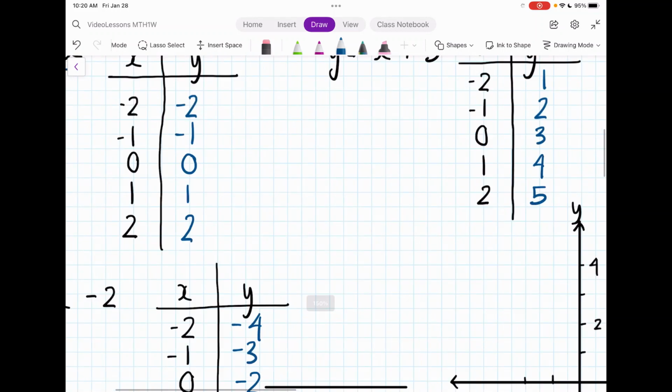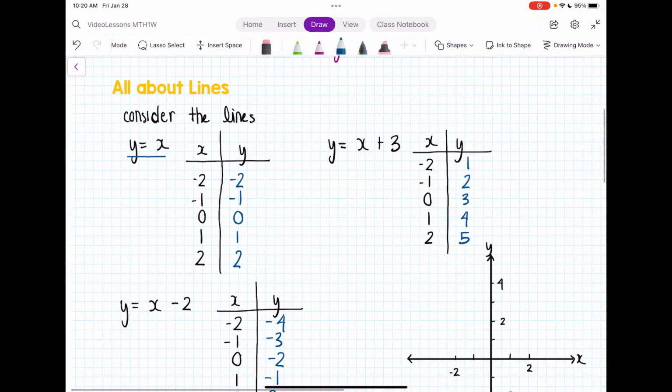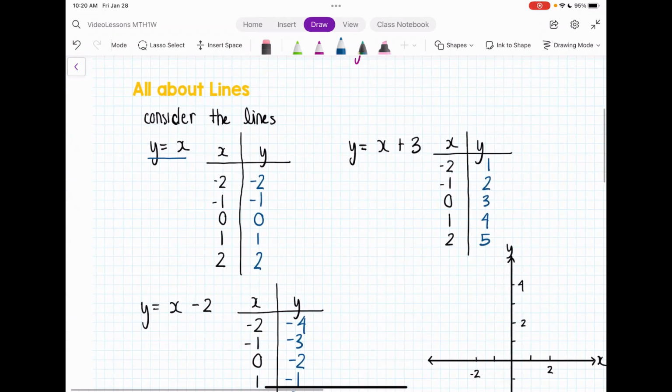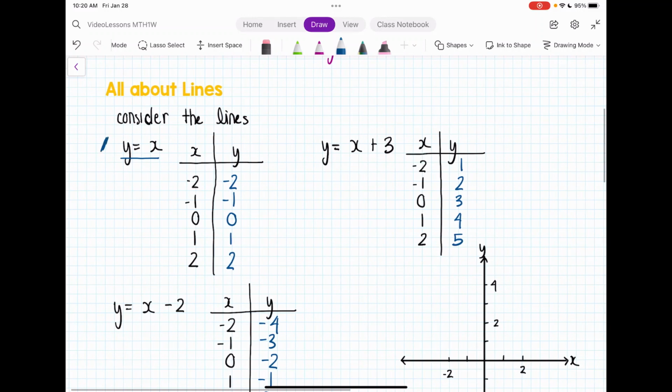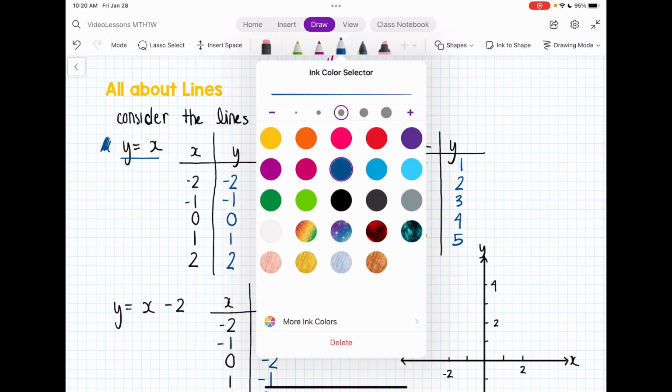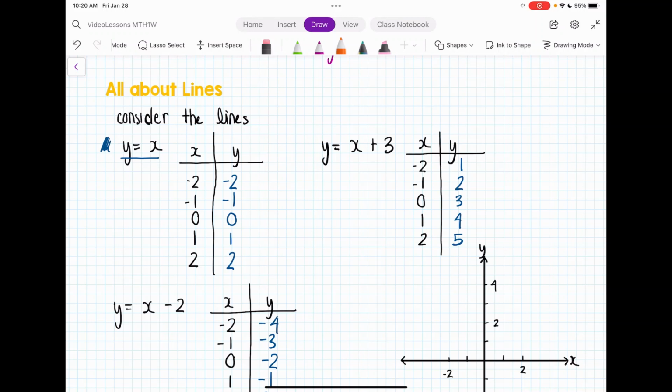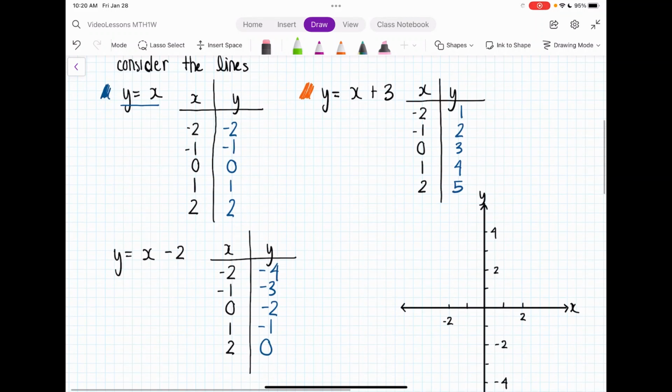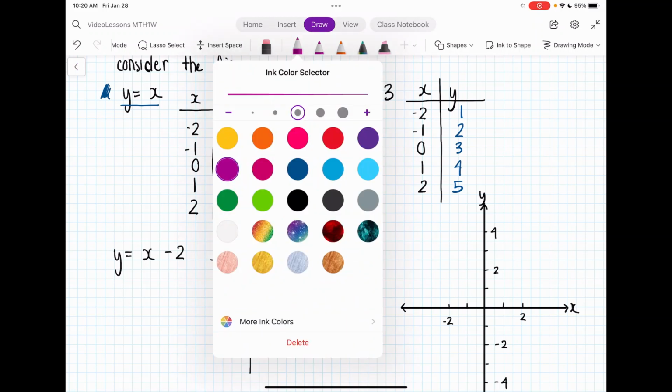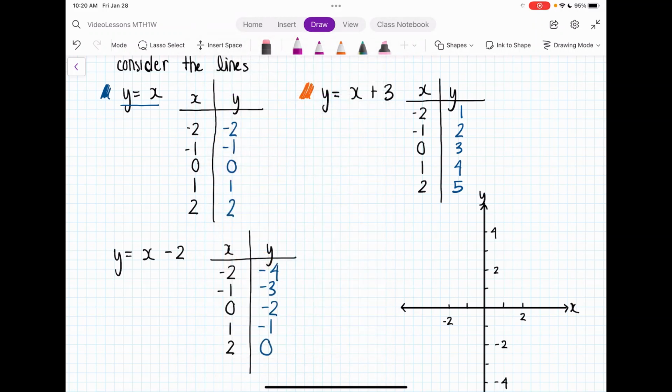I'm going to color code my graph. I will draw my first line in blue, I will draw my second line in orange, and I will draw my third line, I think I will use this magenta color. Okay.